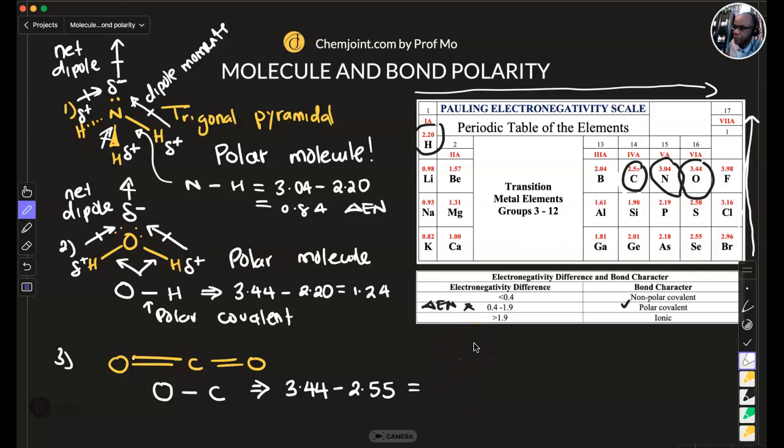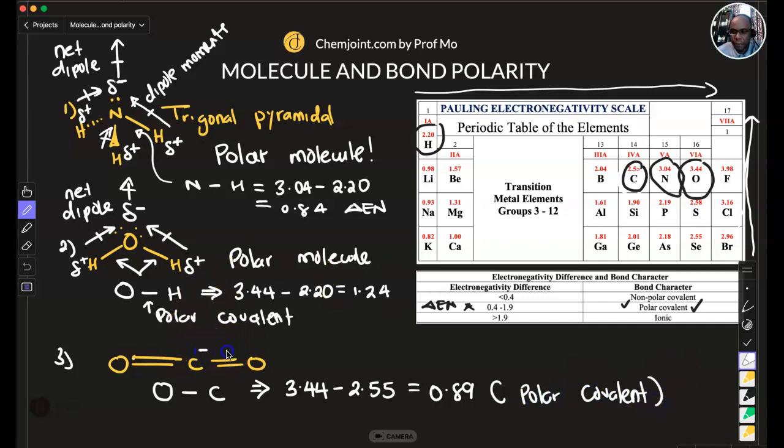Let me punch in the numbers to be accurate. 3.44 minus 2.55, the difference is 0.89. That is again between 0.4 and 1.9.